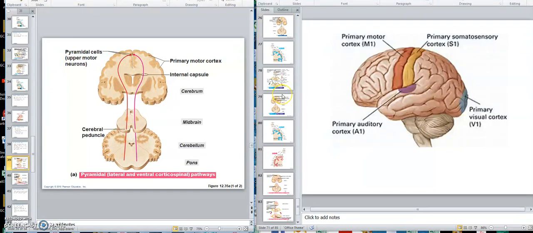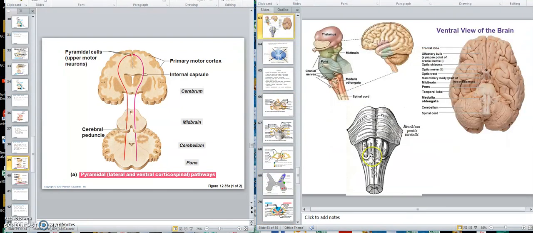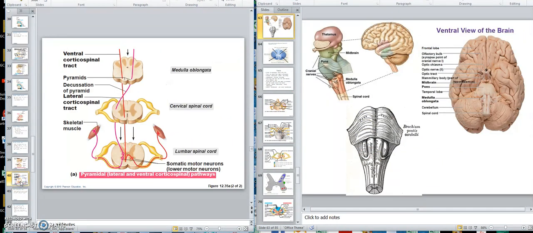Let me find them again for you. Those pyramidal tracts would be in the front there. Okay. And then we would come on down. So here's that front there. We would come on down. See where we are. So corticospinal, I'm coming on down.